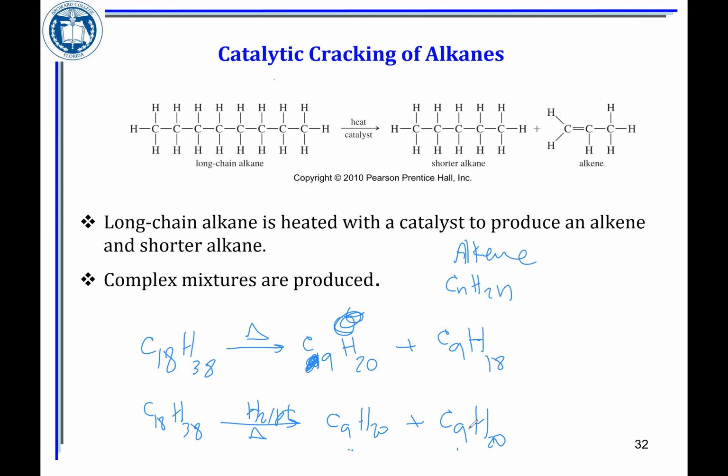And it doesn't have to be C9. A chemical engineer would decide what pressure, what temperature they should apply to get the cracking at like C4 and C14 versus C9 and C9. But in general, it doesn't matter if it's C4 and C14. If you don't provide hydrogen, you will get 1 alkene and 1 alkane. Often you get a mixture of products, but for industry, they can separate those. It's worth it because it's in high scale.